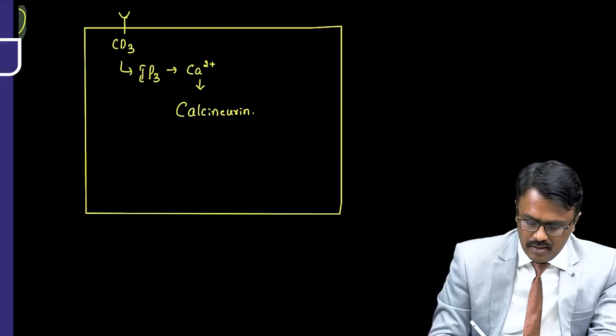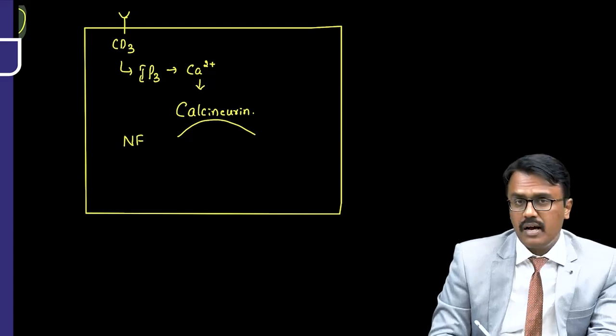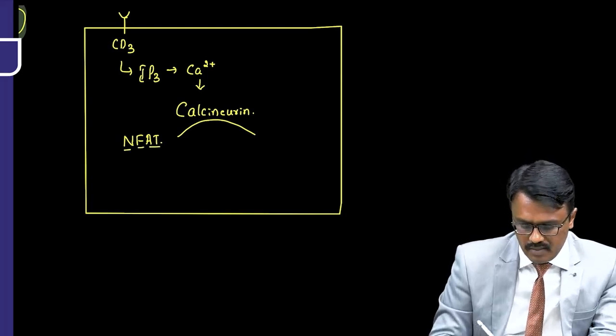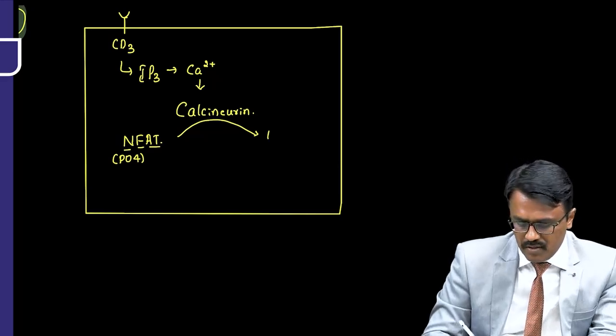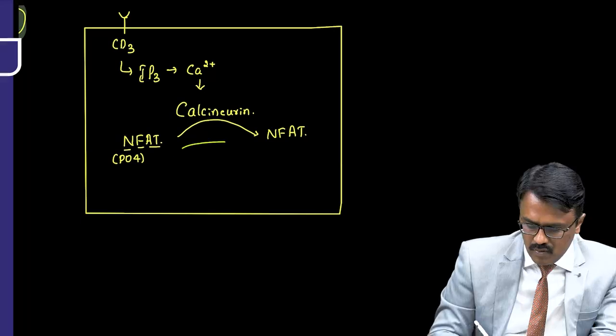Calcineurin will dephosphorylate something called nuclear factor of activated T cells. These are phosphorylated. Now when the calcineurin comes into the picture, they are dephosphorylated, and what happens is they move inside the nucleus.